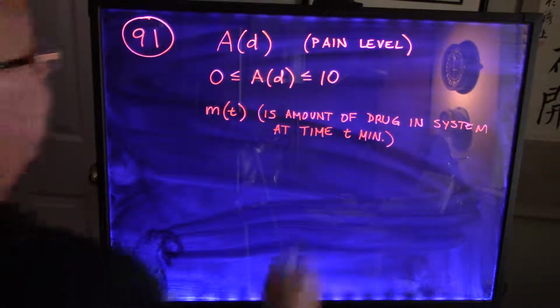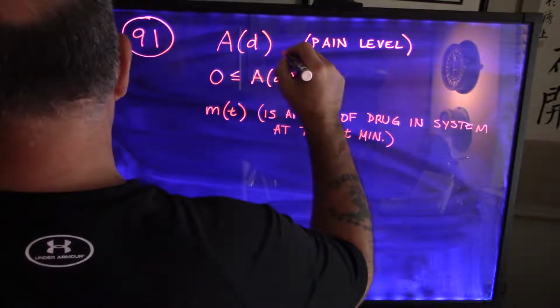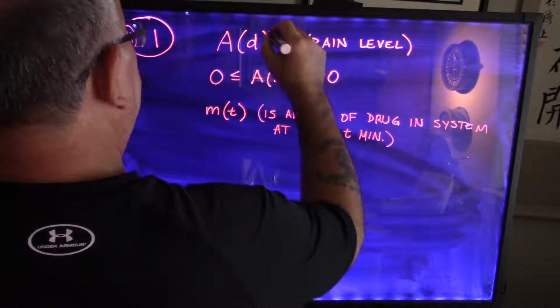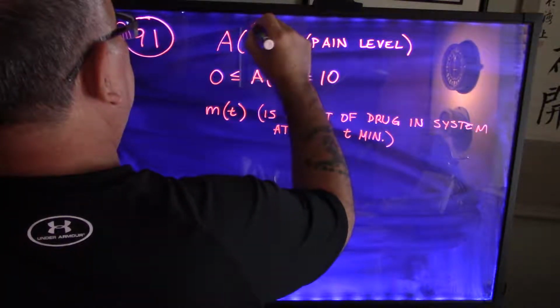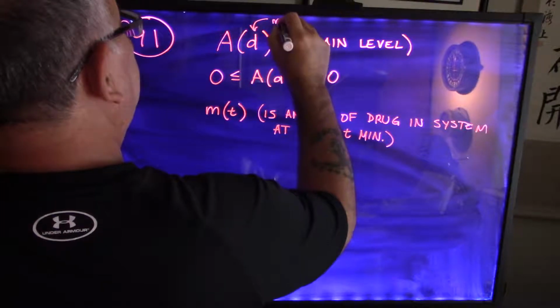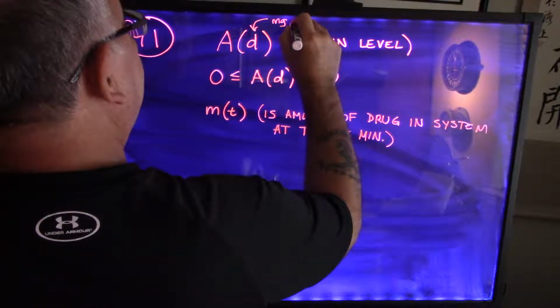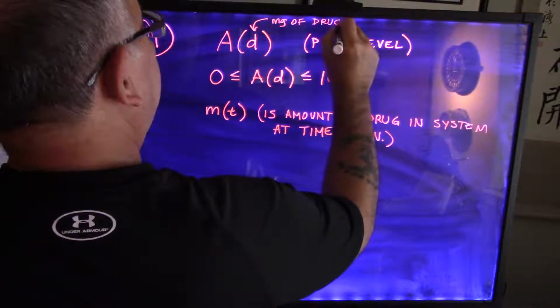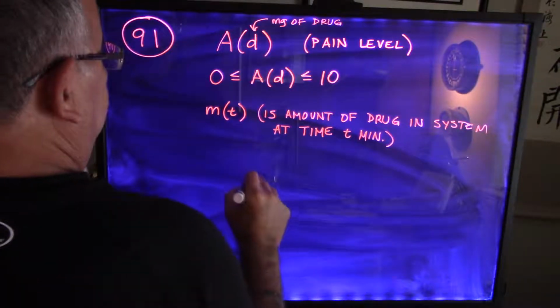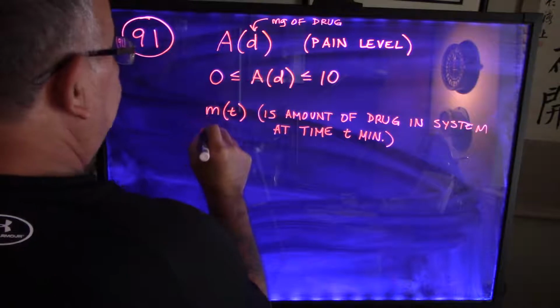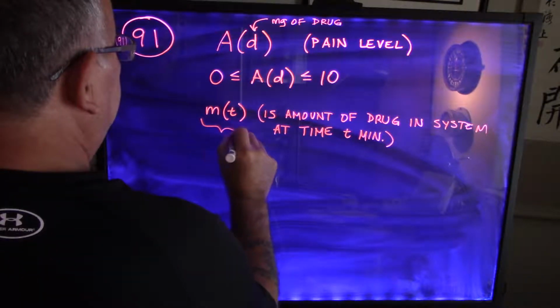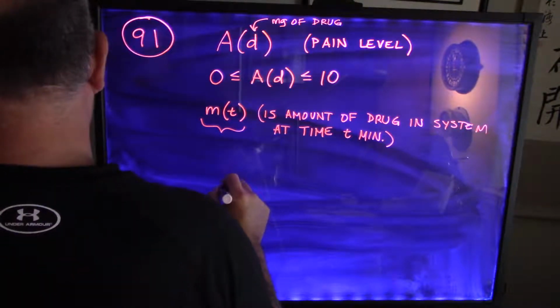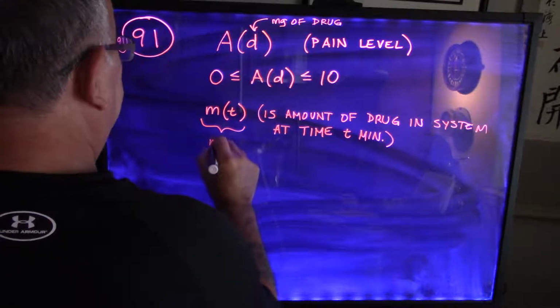Now D, little d, is in milligrams, so I'll write milligrams of drug. And M of T is milligrams of drug, right?